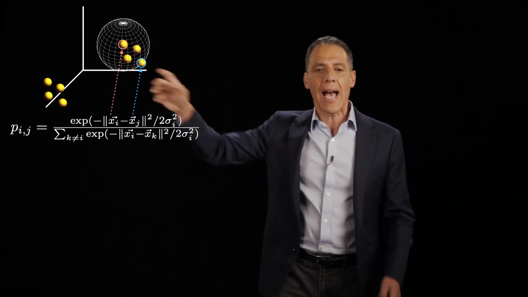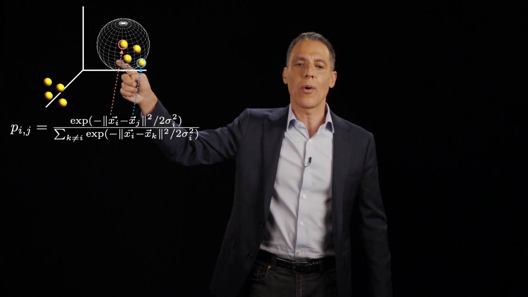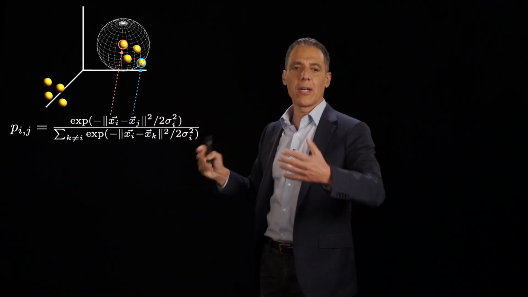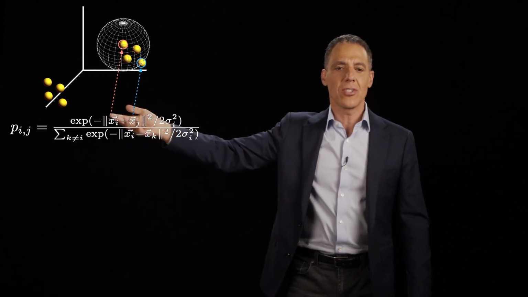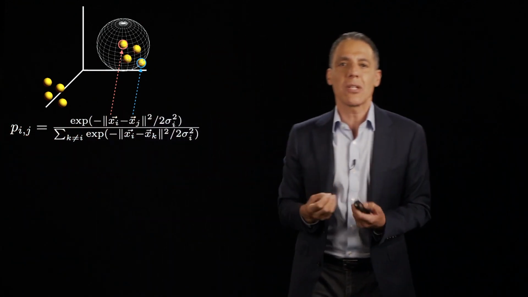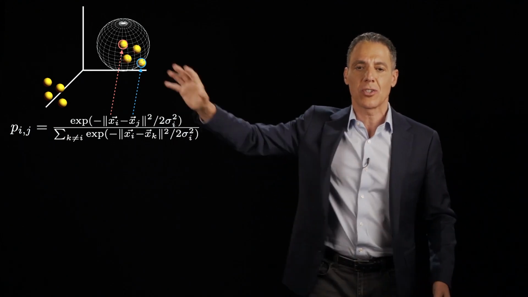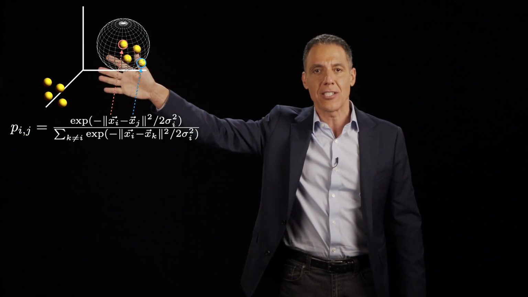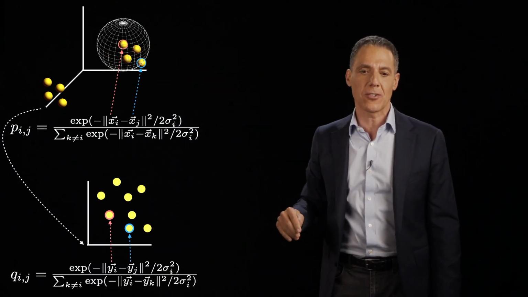So that is, how close are these 2 points relative to what's happening in some area around me? What does this capture? This is a distribution of how similar I am, how the local structure and the distribution of the data in the original, in this case, 3-dimensional or high-dimensional space.